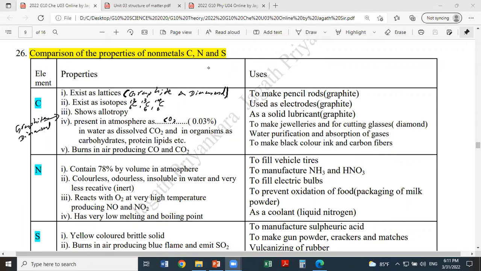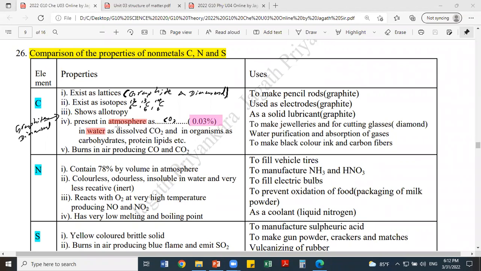And carbon is available in water. So in the atmosphere carbon is present. In water also carbon is present as dissolved CO2, and in organisms also. It is everywhere, basically. In water, for example a soda bottle.